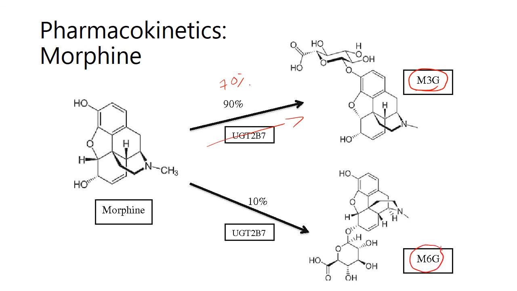Now this makes up a smaller proportion. Again, the diagram says 10%. I've seen other sources that say about 30%. Interestingly, this metabolite of morphine, this morphine 6-glucuronide, is actually much more potent, up to about 13 times more potent than morphine, and it has a similar duration of action.